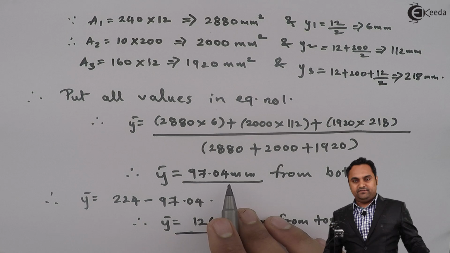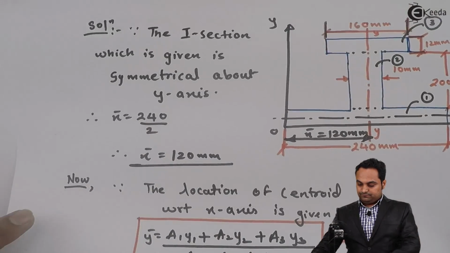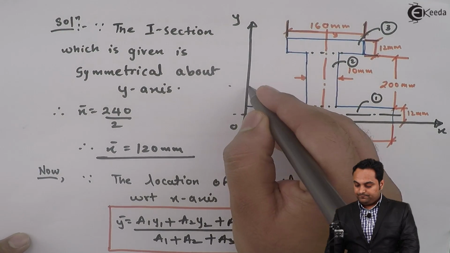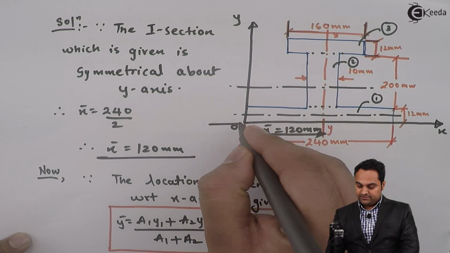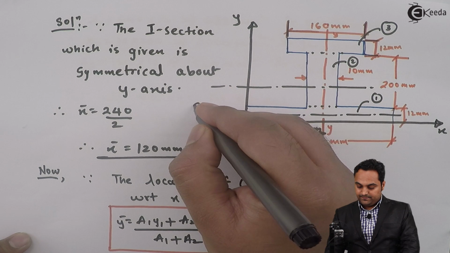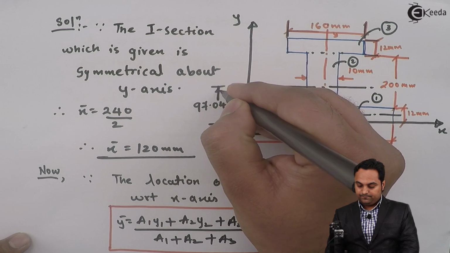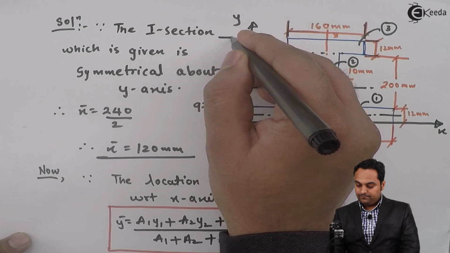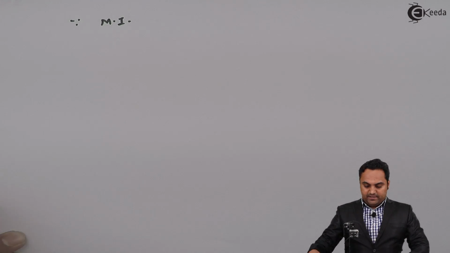From bottom it is 97.04, from the top it is more. So here, if I plot it, it will be somewhere here. I am just taking a proportionate distance. It is 97.04 mm from bottom, and from the top it is 126.96.